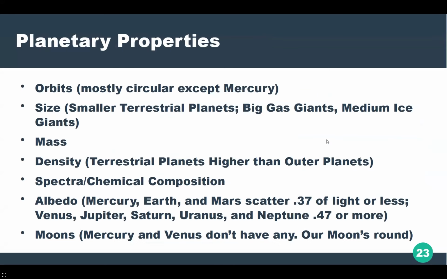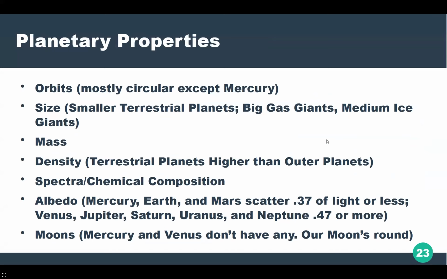Like exoplanets, all of the planets have different properties, and it is somewhat tedious or clunky to compare all of them over voice, but in general, the orbits are mostly circular except for Mercury. The size has smaller terrestrial planets, which are the inner planets, big gas giants, and medium ice giants.